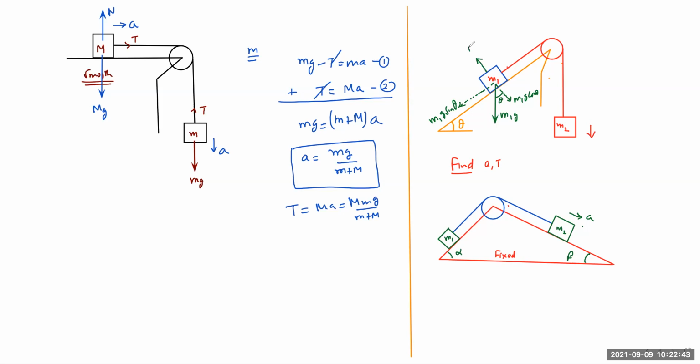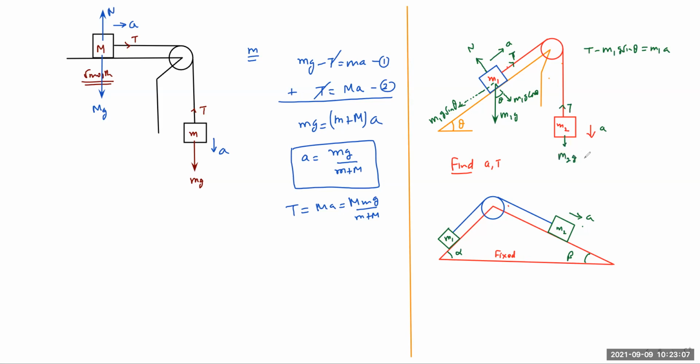So we have done the FBD part, and the tension will act here. Because this will go down with A, this will go up the plane with A. So the answer will be T minus m1g sine theta equals to m1 into A. And this will have tension T upward, m2g downward.